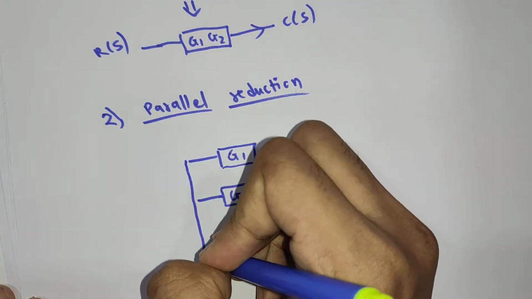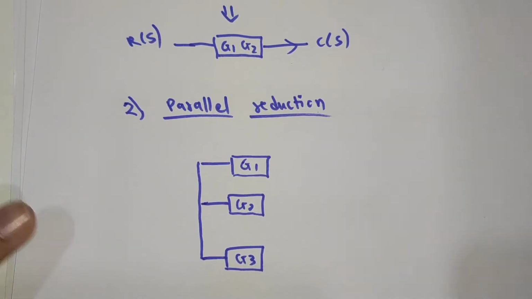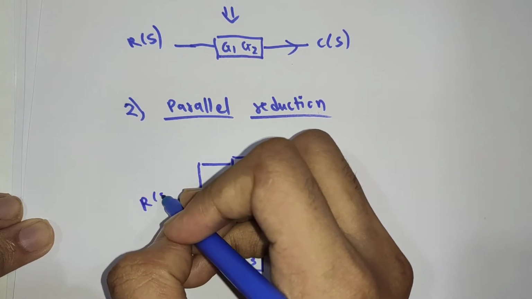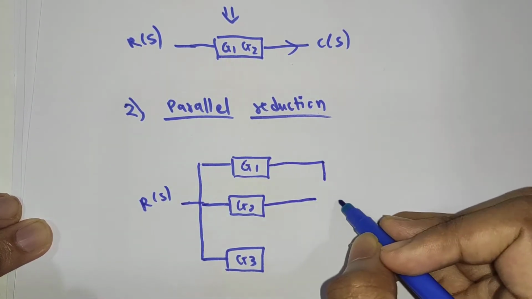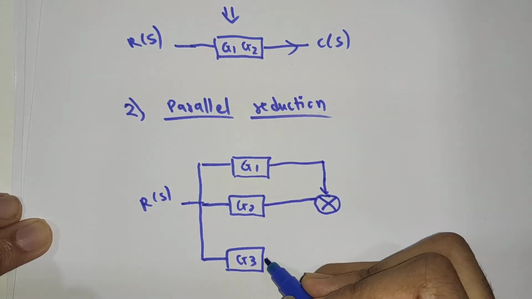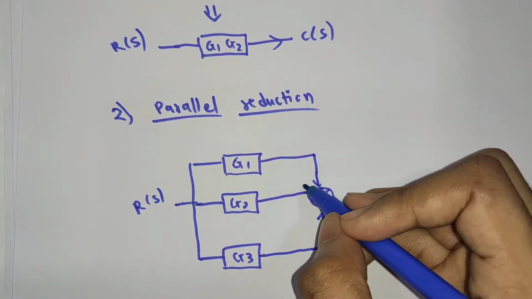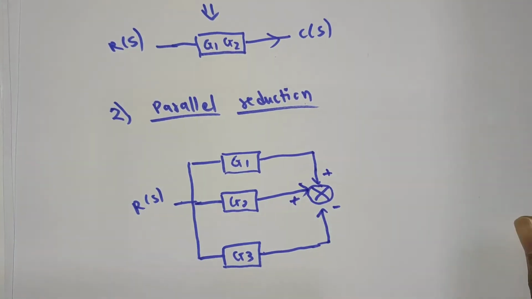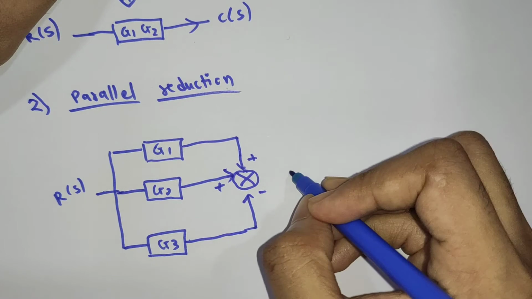All of these originate from a single input, let's say R(s), and these three blocks meet at a summing point, with the signs plus, plus, negative.